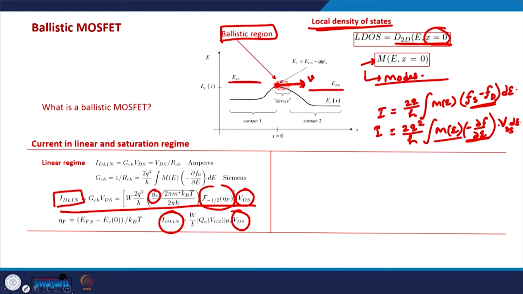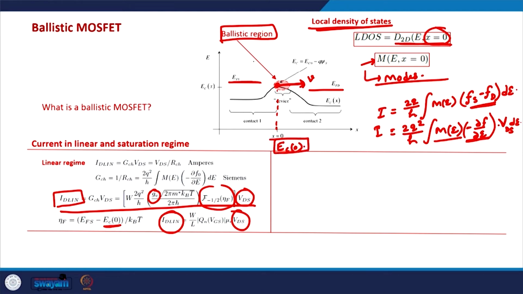This parameter eta f is EFS minus EC0, and just to take note here, this EC0 is exactly this point, the top of the barrier point. Since this is x equal to 0, the conduction band minimum at this point is represented as EC0.